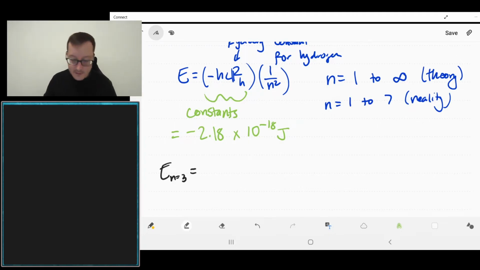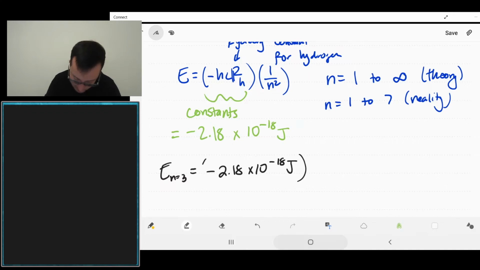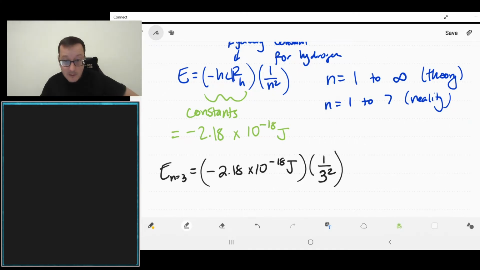So if we do this, it's quite a simple calculation. N is 3, so we'll just put 1 over 3 squared. It's an interesting calculation. It's not going to be very useful for us, but let's do it anyway.